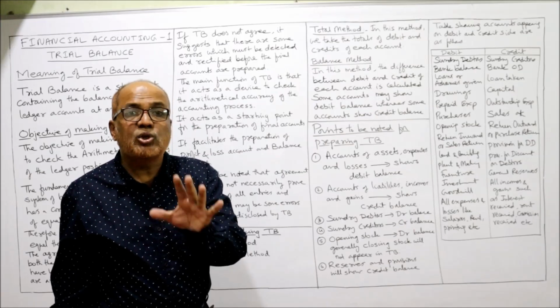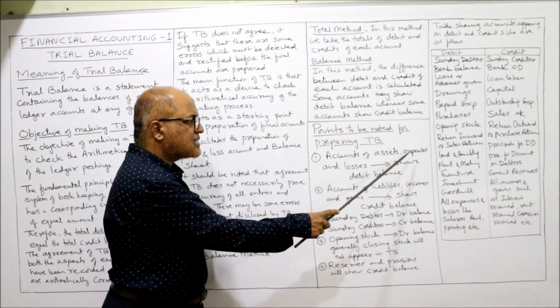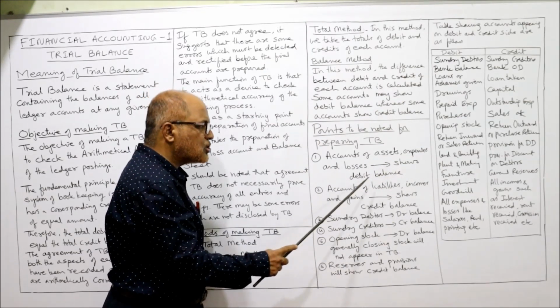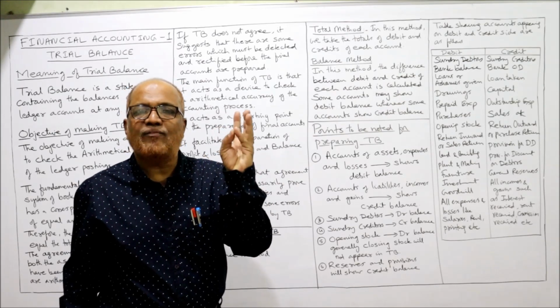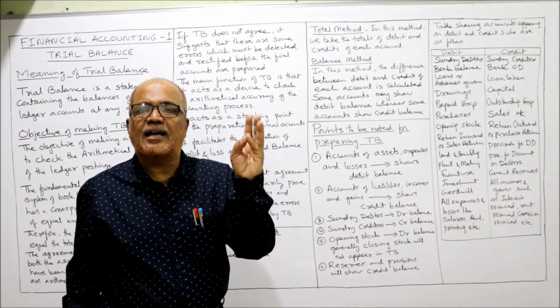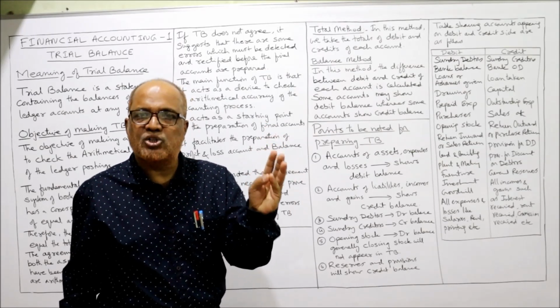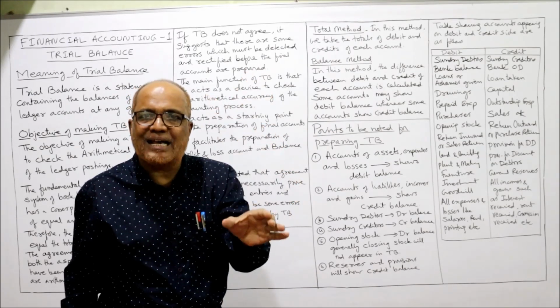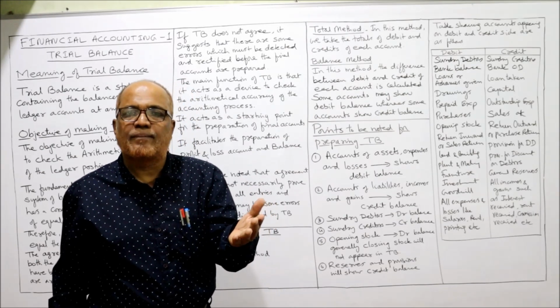So, what are the points you have to remember? Concentrate here. Accounts of assets, expenses and losses show debit balance. First point. The accounts of assets. Assets like land and building, plant and machinery, furniture and fixtures, equipment, stock. All these are assets. Assets will show debit balance. All expenses.